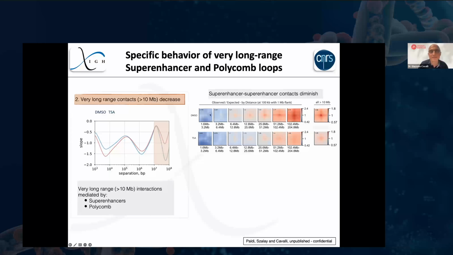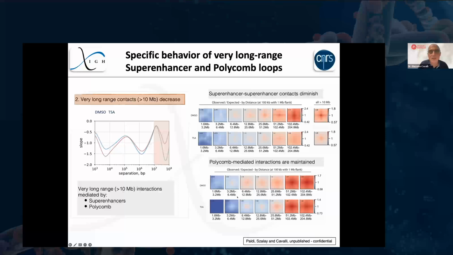In fact, what we see is that the super enhancer contacts that are nicely present in the control cells are basically lost or highly reduced when you induce hyperacetylation, as if you interfere with super enhancer contacts. Instead, what you don't lose at all are the Polycomb contacts. So although you have hyperacetylation in bulk, Polycomb is still managing to keep the silent state and make very strong long-range interactions.